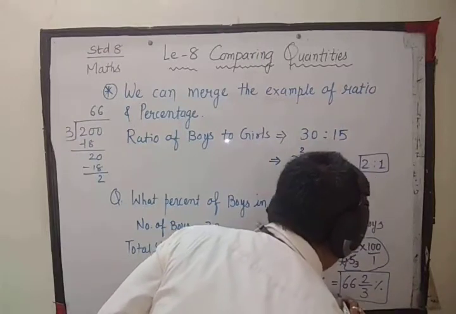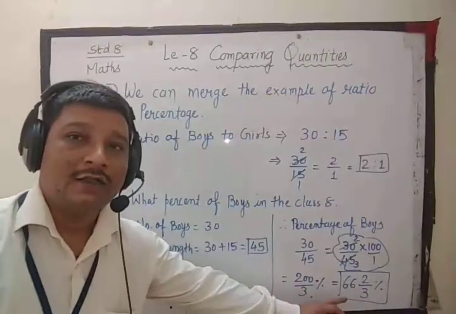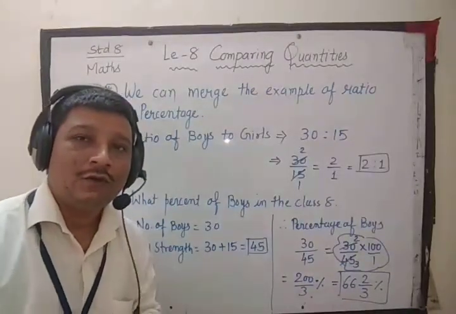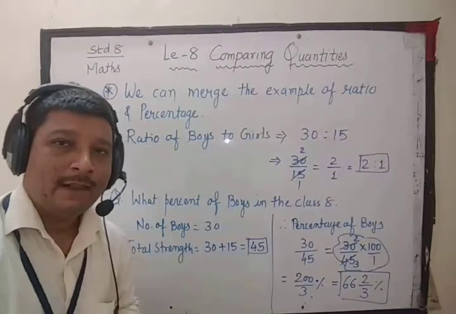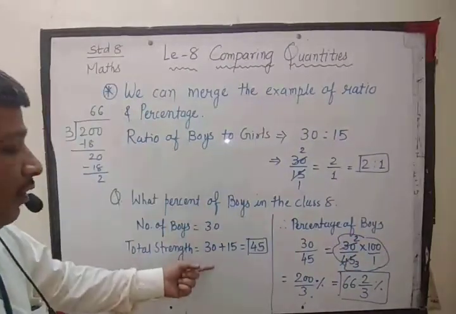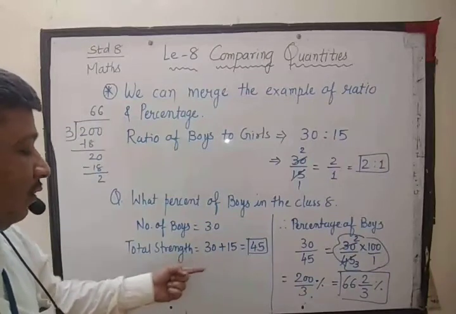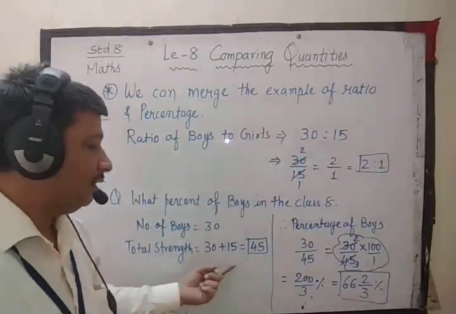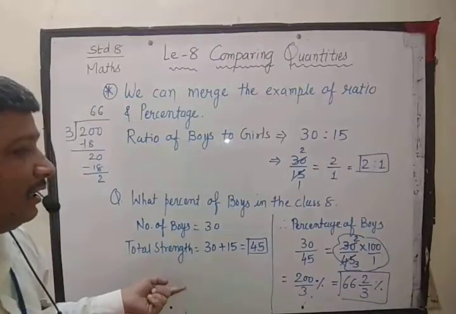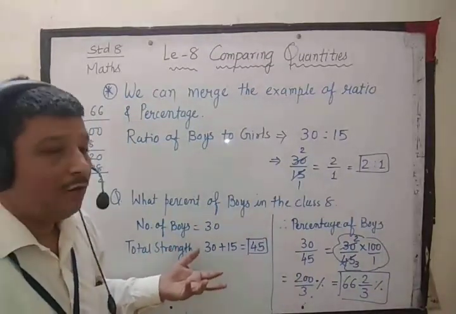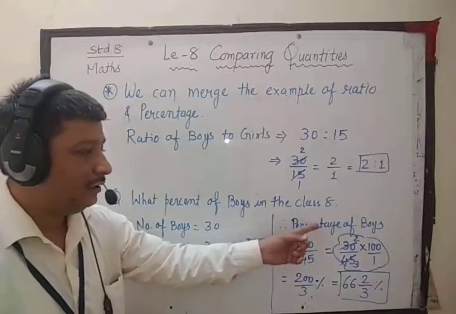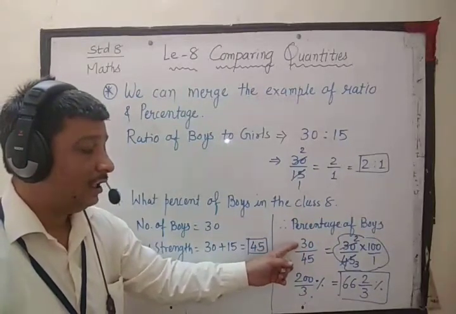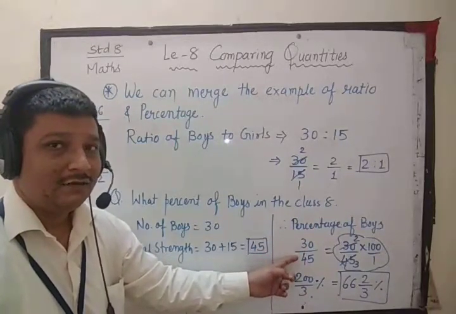That is the percentage of boys in the classroom. Hope this much is clear to you all: the number of boys we have and the total strength we got by adding boys and girls, that is 45. Now they have asked to find the percentage of boys in the classroom. So the percentage of boys is 30 boys out of total 45.